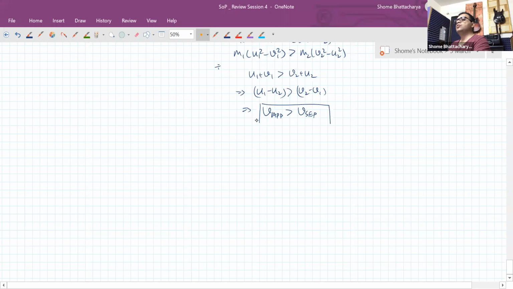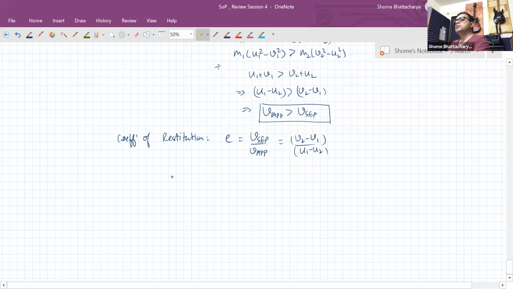So to express this better, what we do is we define the coefficient of restitution, which is a dimensionless coefficient denoted by the symbol E. This is defined by separation velocity's ratio with respect to approach velocity, or v2 minus v1 upon u1 minus u2 in our diagram above.